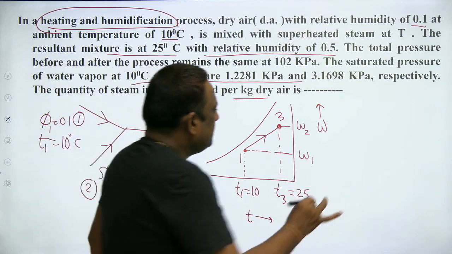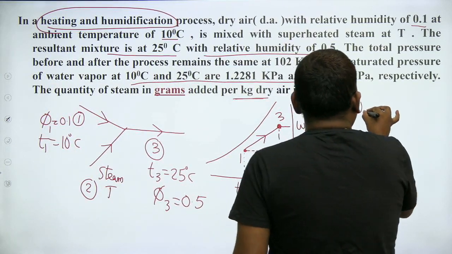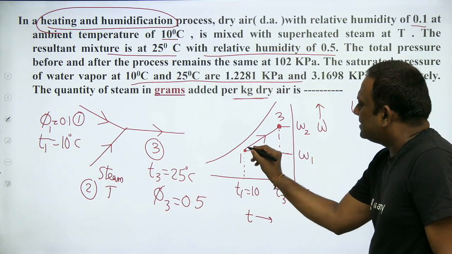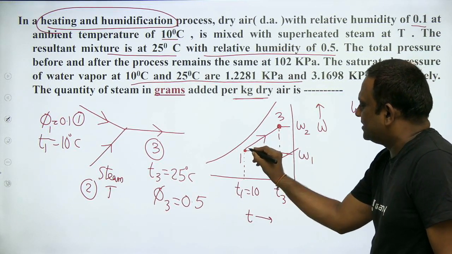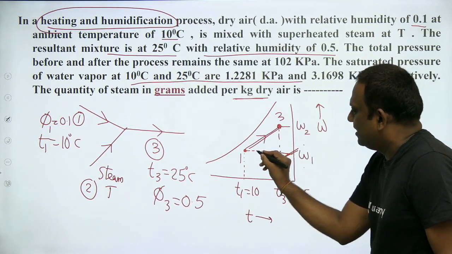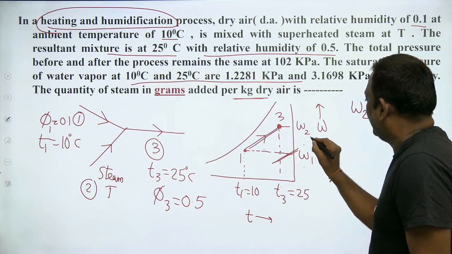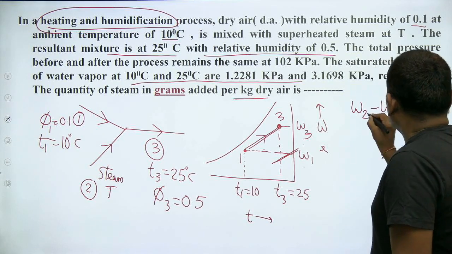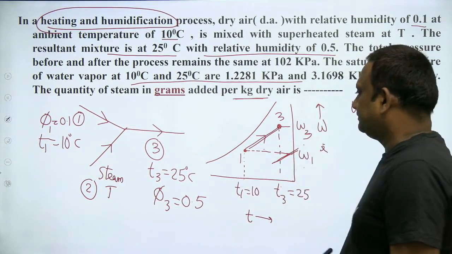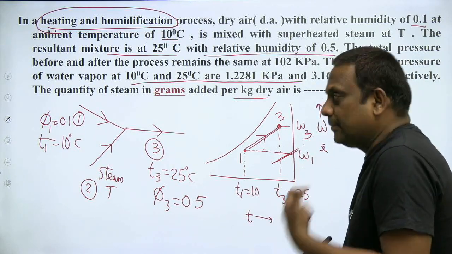Just calculate omega 2 minus omega 1. So there is addition of moisture, that is steam is added, and thereby my specific humidity is increasing from omega 1 to omega 3. This is omega 3. So just calculate omega 3 minus omega 1, and the problem is solved. Now how do I calculate, my dear students?